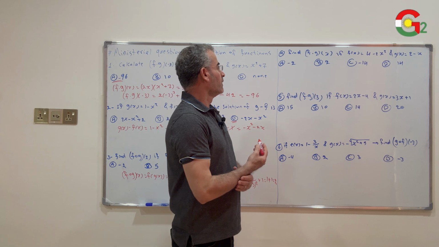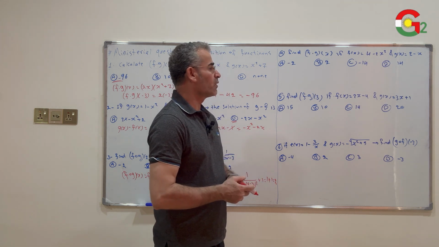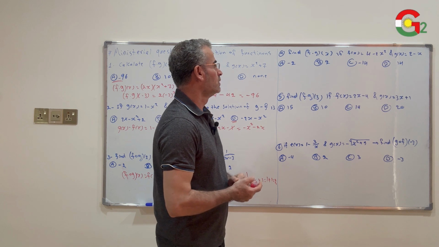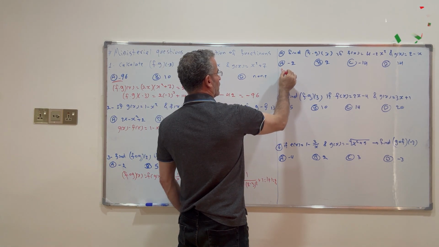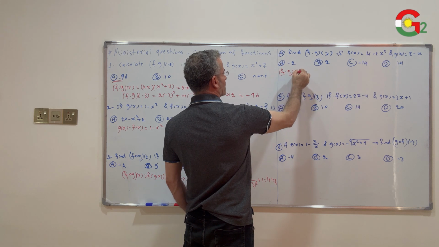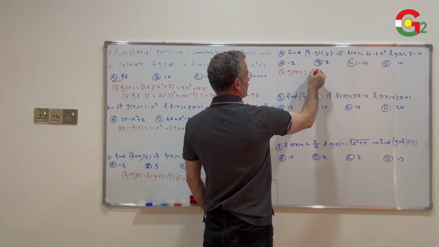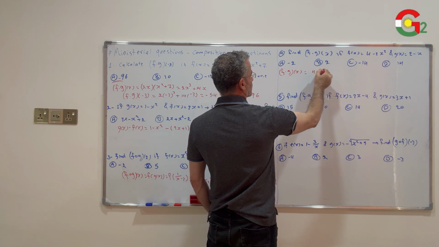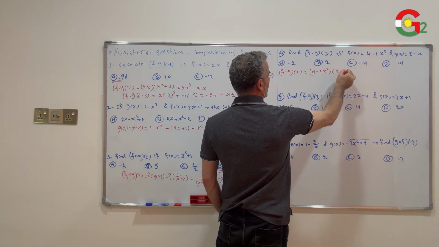Find f dot g of 3 if f of x equals 4 minus 2x power 2 and g of x is 2 minus x. F dot g of x equals f of x times g of x. F of x is 4 minus 2x squared times 2 minus x.